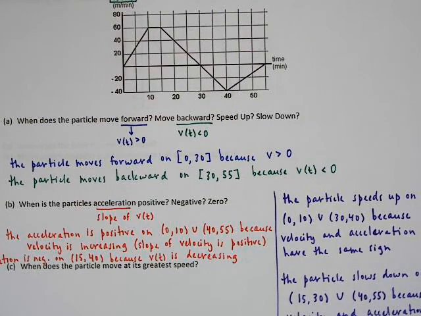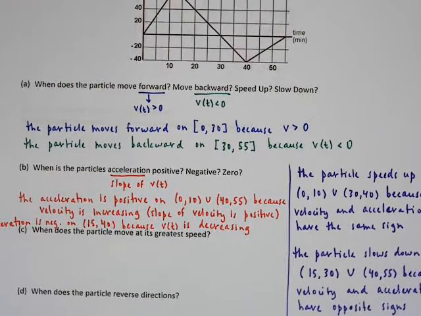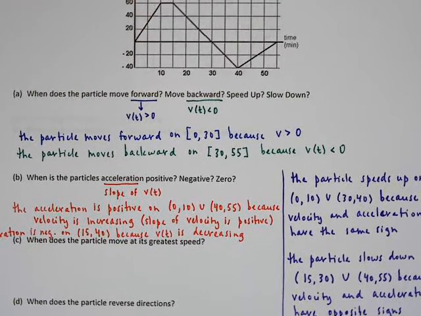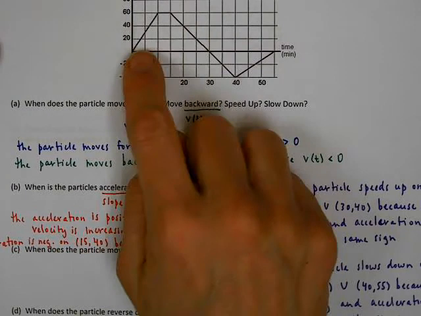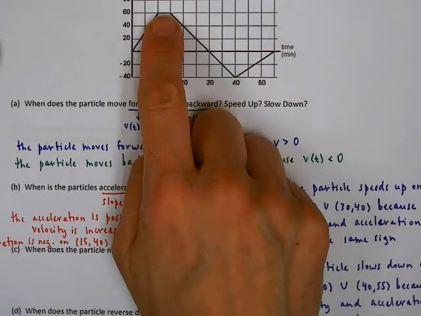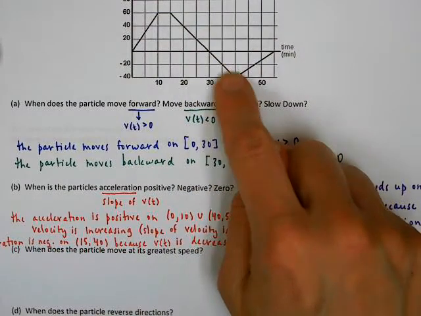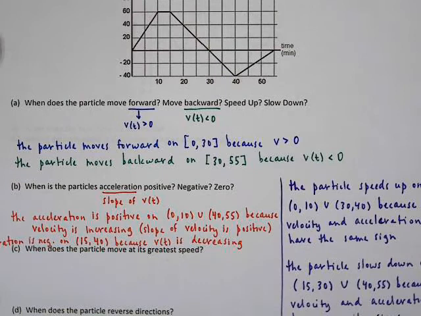All right, part C then says, when does the particle move at its greatest speed? So I have to take into account the absolute value of velocity. So I notice my highest velocity here is 60. Even if I consider the absolute value, these values, their absolute value is all less than 60.